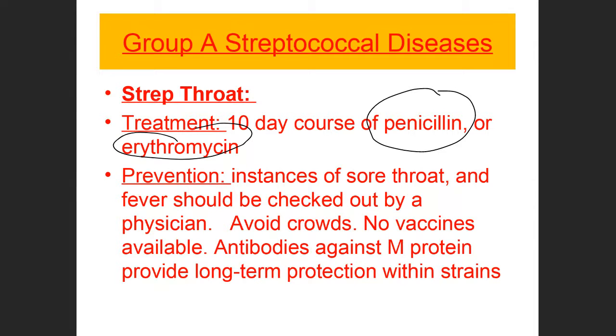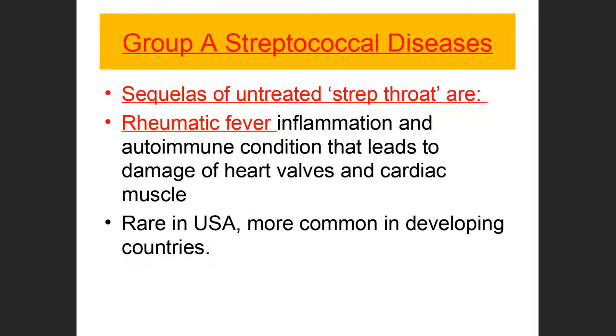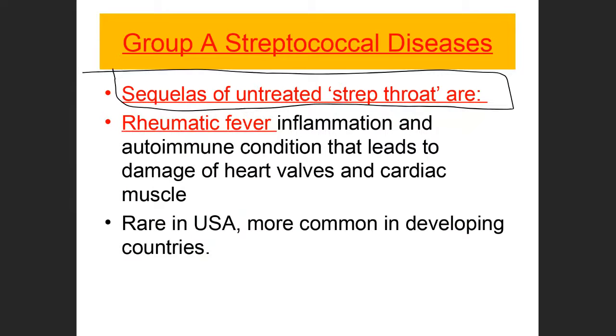So a strep throat needs to be diagnosed as soon as possible and treated as soon as possible, because the problem with the organism is that it has what we call sequelae, the sequelae of untreated strep throat. These are conditions that could arise days, weeks, or months after an untreated streptococcal infection, strep throat infection.